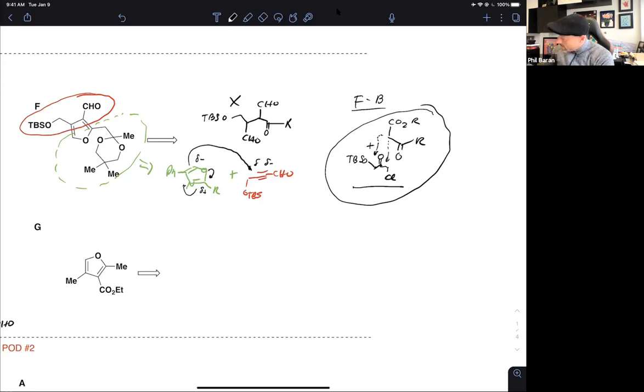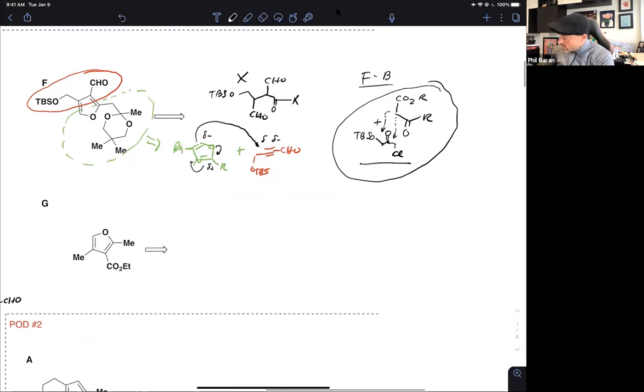Does that make sense? That's how you can assign the polarity of the oxazole. Great question. Other questions? And that's probably another reason why people use the phenyl, because it accentuates and helps with that polarity assignment. Other questions? Okay. So Tim, what's our answer for G?